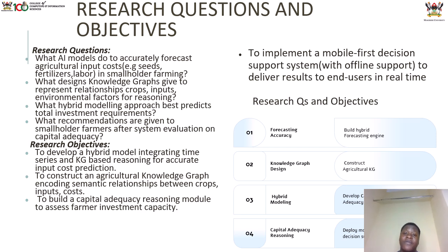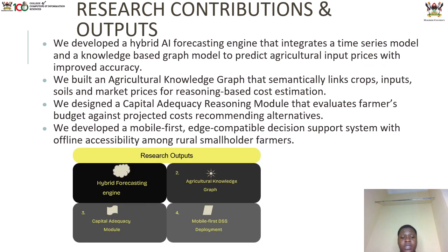So this will help check the farmer's capacity using the projected expenses versus the capital at hand. Then to also implement a mobile first decision support system to deliver results to end users in real time. So we shall now proceed to the next slide.